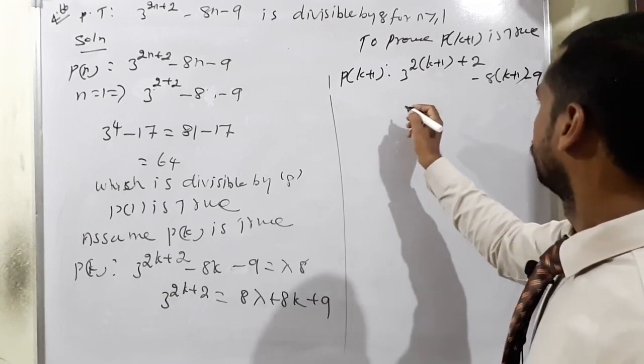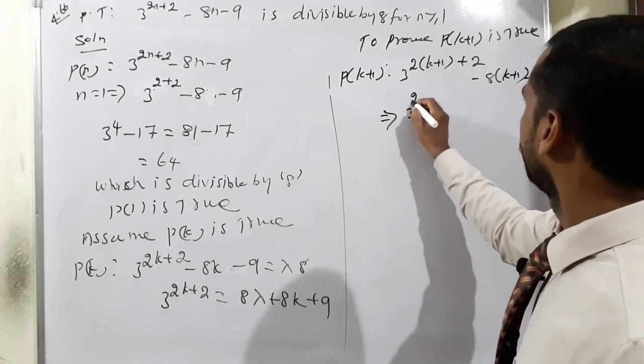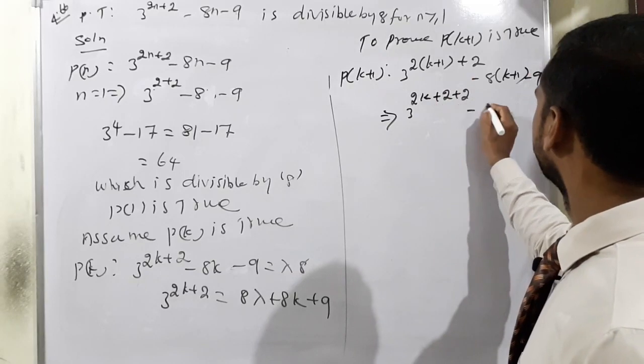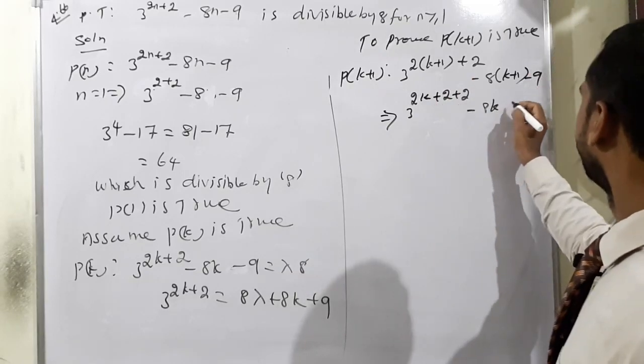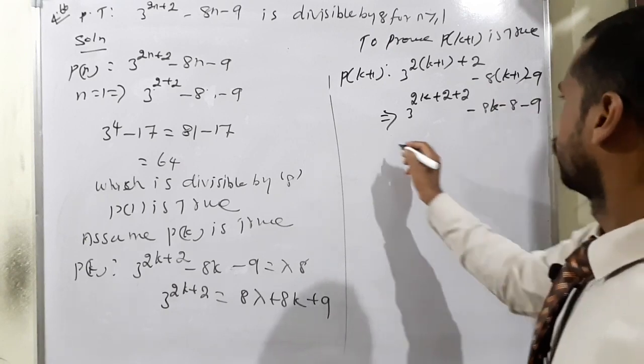Now, look at this. If you remove the bracket, it is 2 into K plus 1 into 2, plus 2, again plus 2, minus 8K, then minus 8 into 1, minus 8, minus 9.